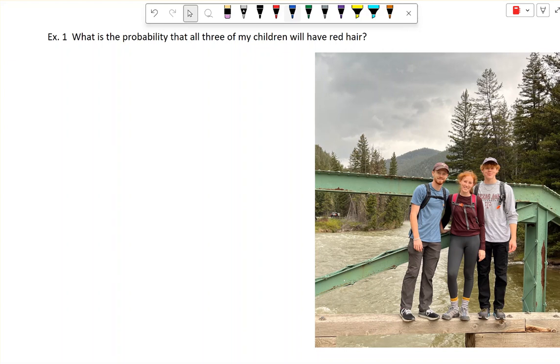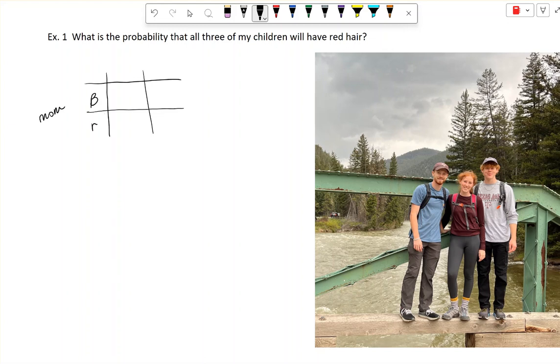Well, before we do that, we need to think about recessive and dominant genes. This takes us back to something you may remember from a biology class. If we do the Punnett square, I believe it's called, where we talk about dominant and recessive genes for hair color, in this case, I, the mom of these kids, am a brown-haired woman whose dad was a redhead.